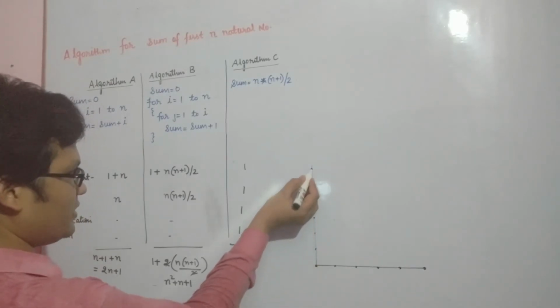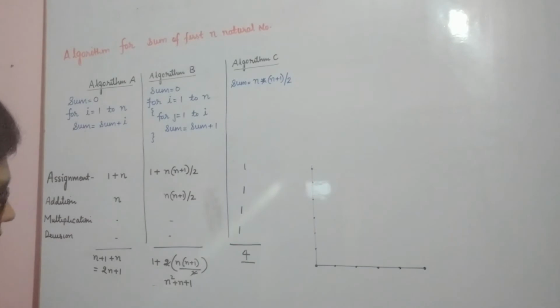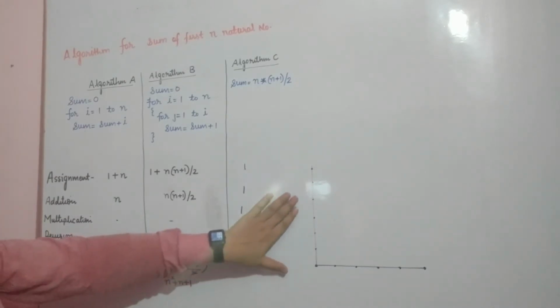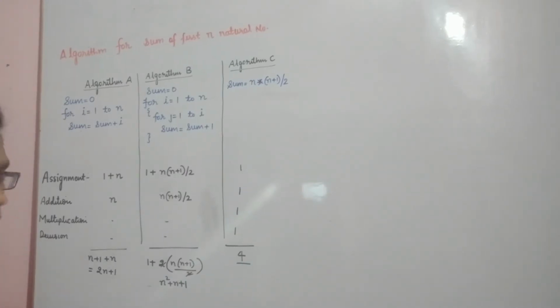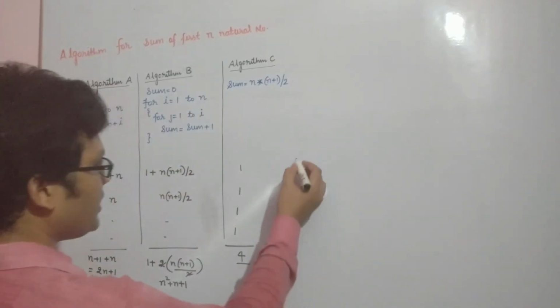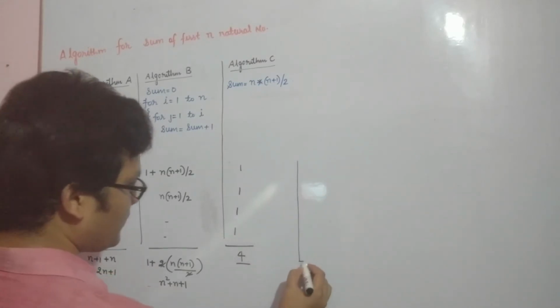That's very easy. Actually, my intention is that if you understand this concept, then you can easily understand asymptotic notation, big O notation, theta notation, omega notation, right? So try to understand. Now I'm going to draw the graph for these three algorithms. Just let me draw this graph.